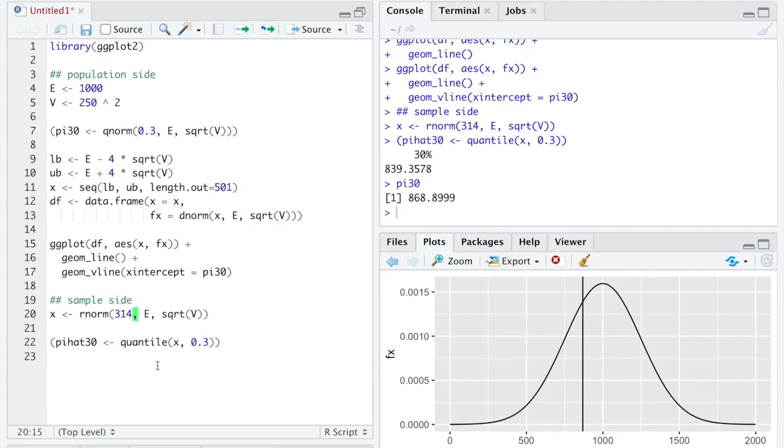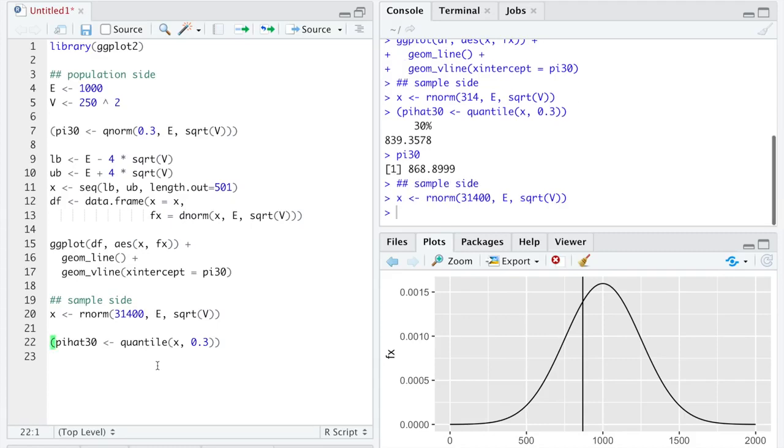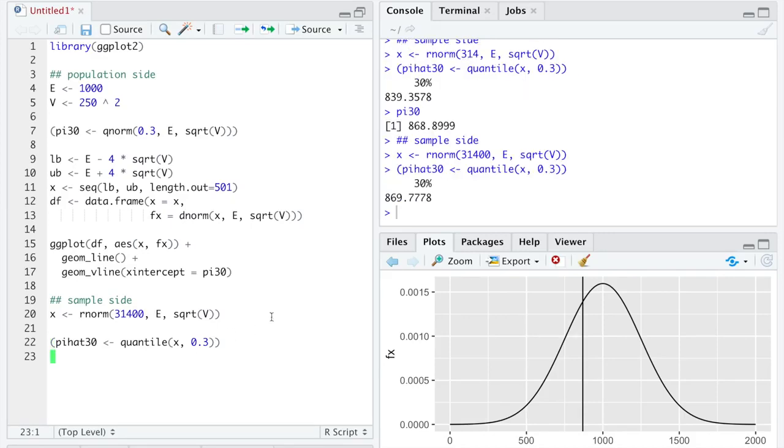And similarly, like we've seen before, if you just increase your sample size and guess again, you will be closer to the true population parameter.